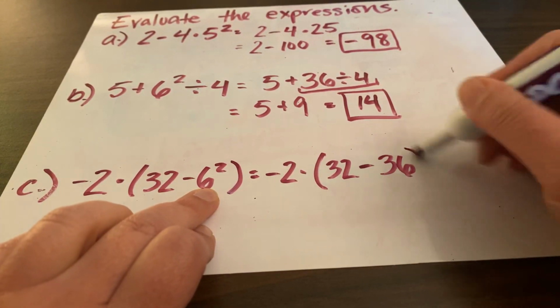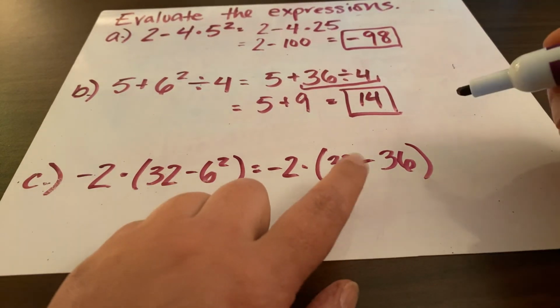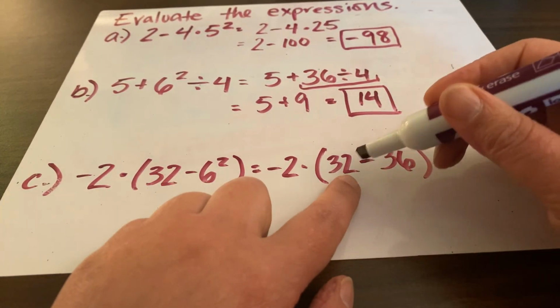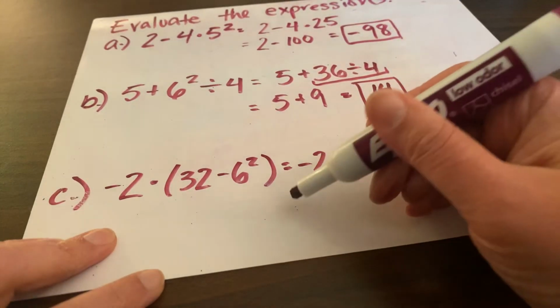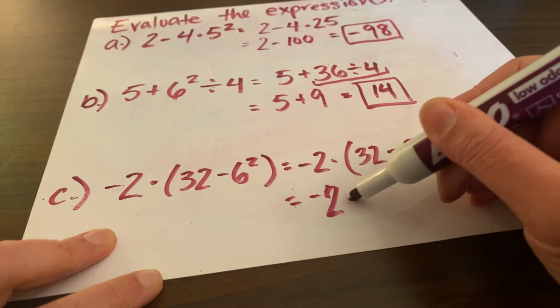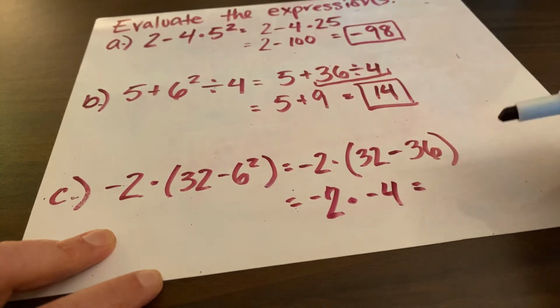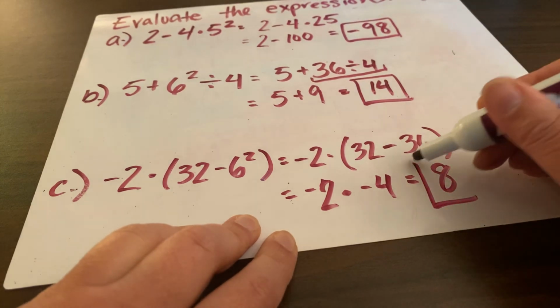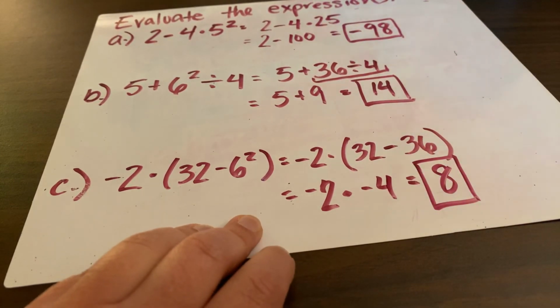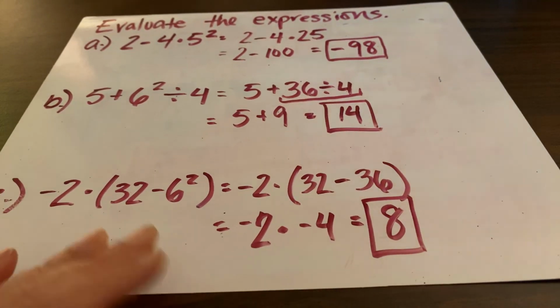That's 36, right?) Well, now we will deal with the parentheses. 32 minus 36 would be negative 4. So we have negative 2 times negative 4, and negative 2 times negative 4 would be positive 8. Positive 8. Okay, there we go.